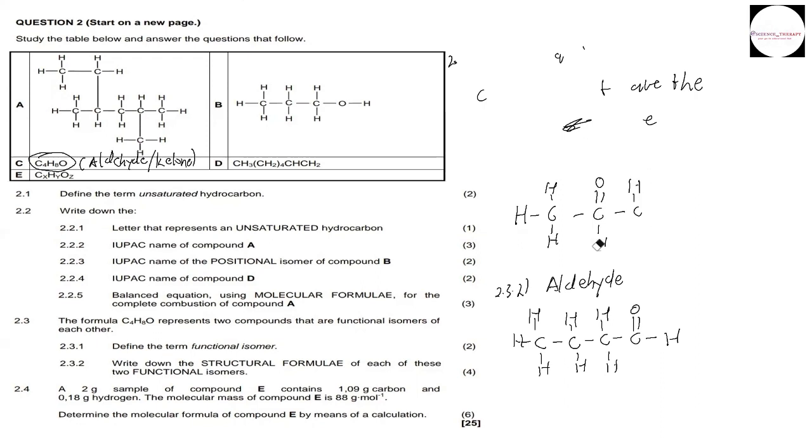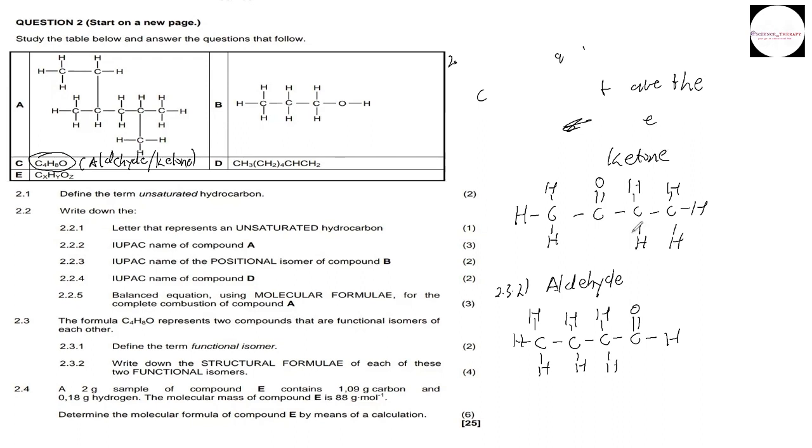So let me erase this H here. It's not supposed to be there. Remember, we should have 4 bonds. 1, 2, 3, 4. And then this is H, and then C, H, H, and then H, right? So this here becomes the ketone.